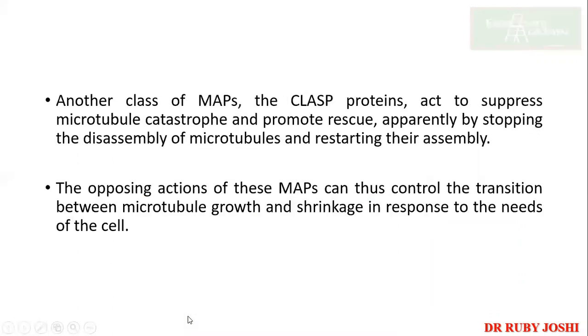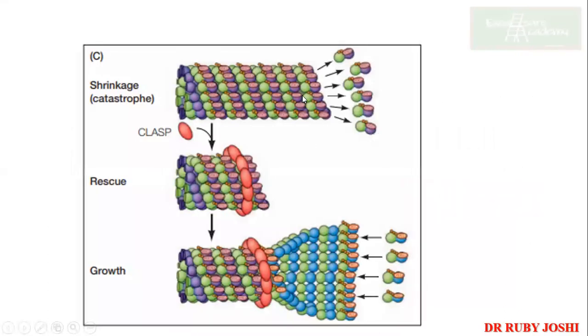Now just imagine this shrinkage or catastrophic depolymerization is happening, then these CLASP proteins will come and help in the rescue. So what will they do? They will not let it dissociate. Since it is GDP bound, it should be dissociated, but with the help of the CLASP protein, it will not get dissociated. It is prevented. And onto this, used as a base, more new GTP bound tubulins will be recruited for polymerization. Yes. Any doubt?